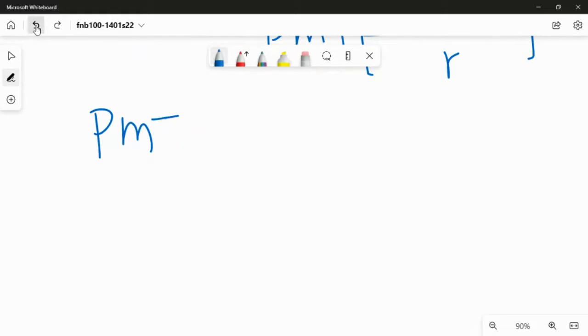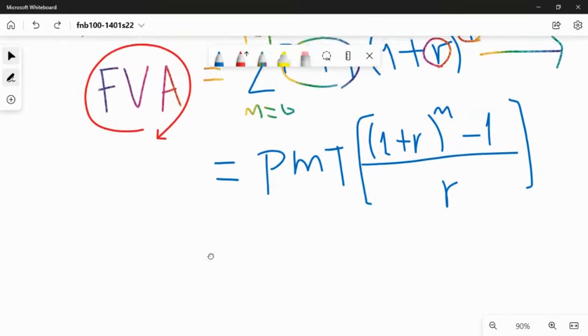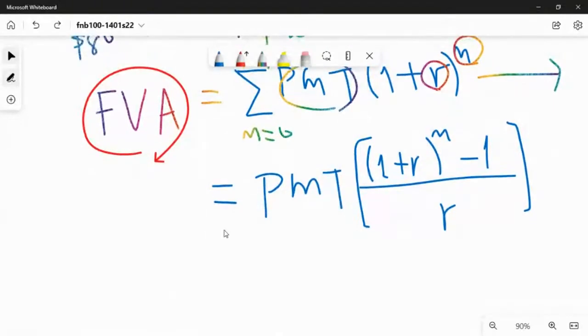So from this formula, which is the base formula, if payment is the unknown, what should we do? Remember, it's always the same.